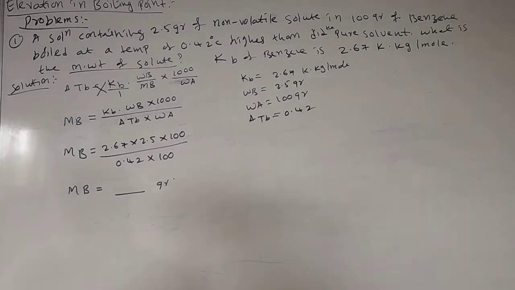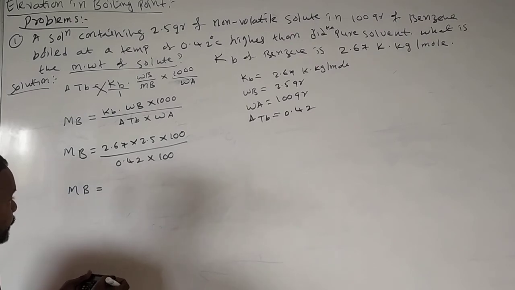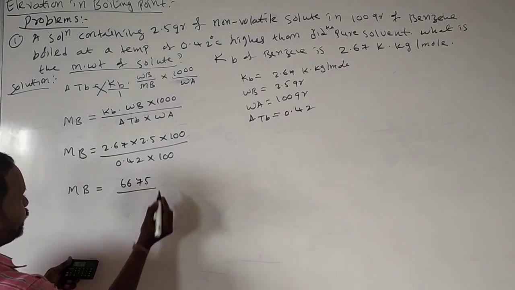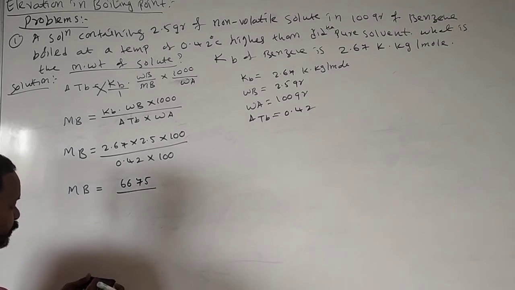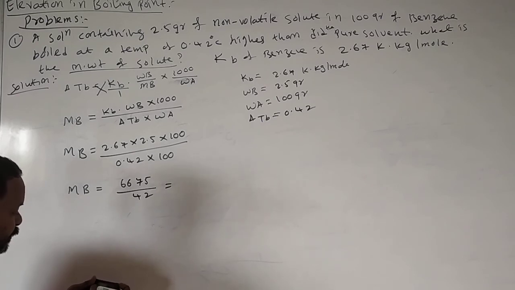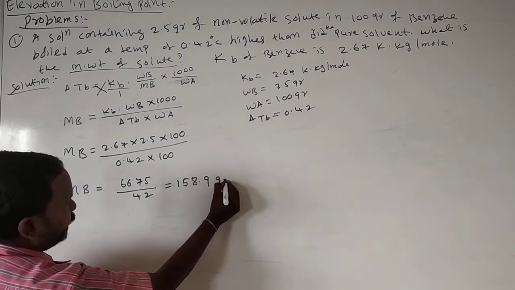Okay, what is the value? 2.67 into 2.5 into 1000 is 6675, divided by 0.42 into 100, that is 42. 6675 divided by 42 is 158.9 grams.